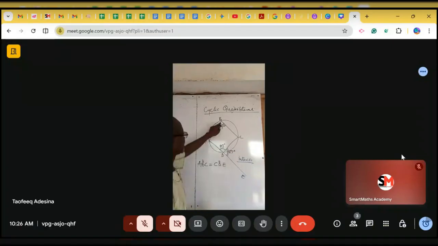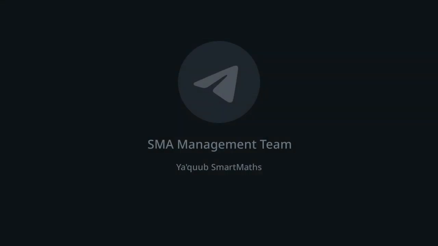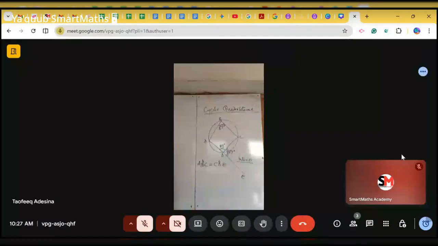So you can see that they must be equal. It's a very simple logic. The two of them must be equal. Do we have any question on that? No, sir. Good. So let's see how we can have some questions. I'm going to solve some questions on this cyclic quadrilateral.